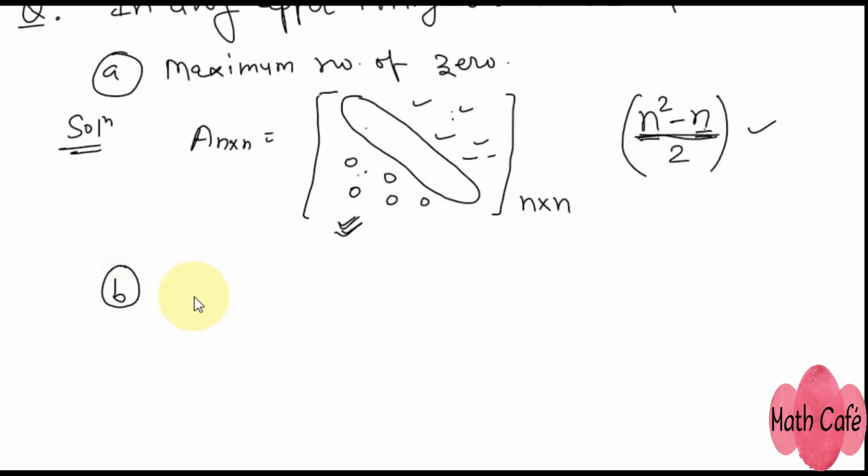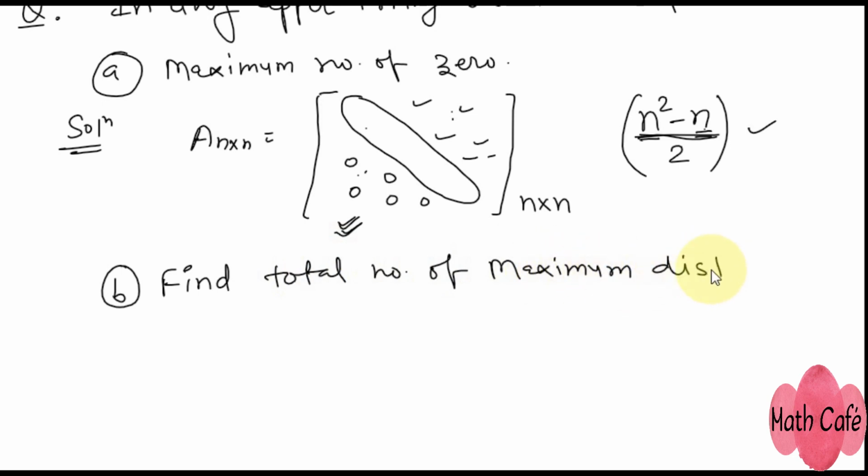Let's take another part of this question. If it is asked in part B to find the total number of maximum distinct elements, let's take this matrix.